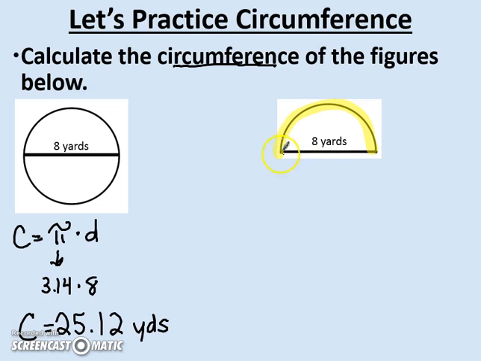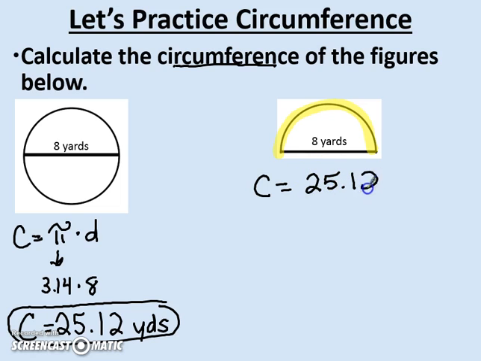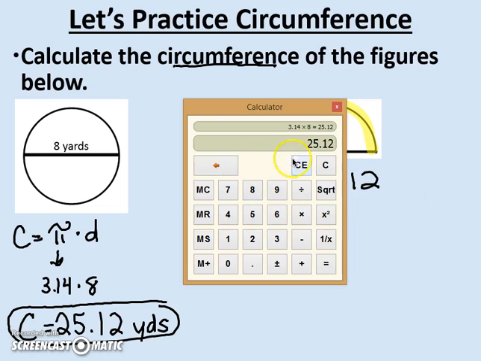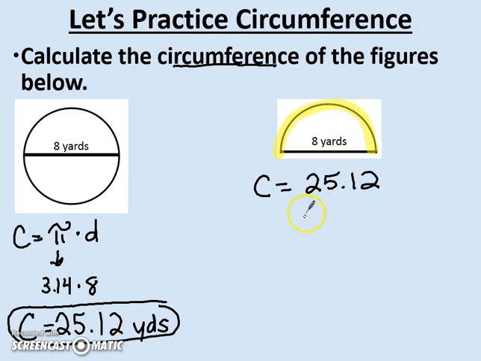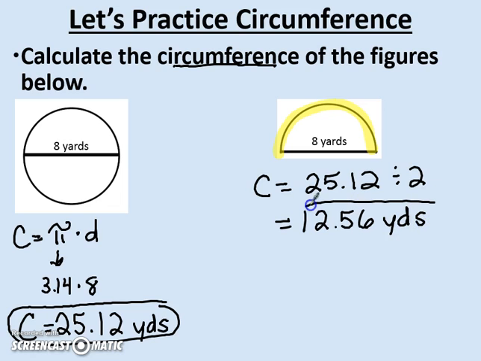So if we were looking for the circumference of this shape, we would need to take our circumference of the whole circle, which we did by pi times diameter, and divide it by 2. So we take that 25.12, divide it by 2, and that's 12.56 yards. That's the distance around the half circle.